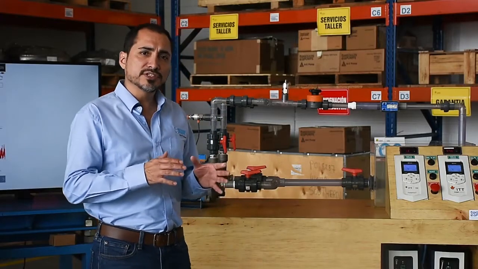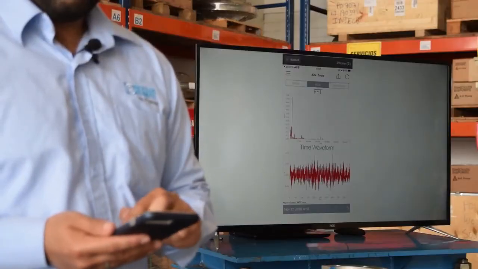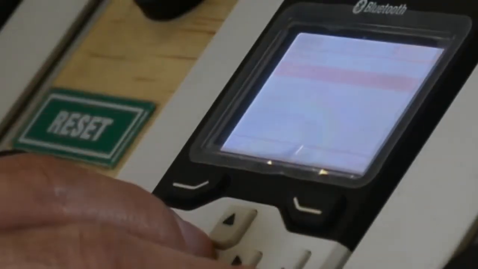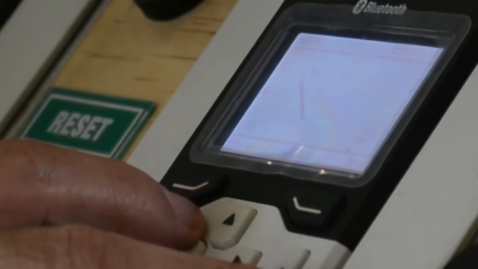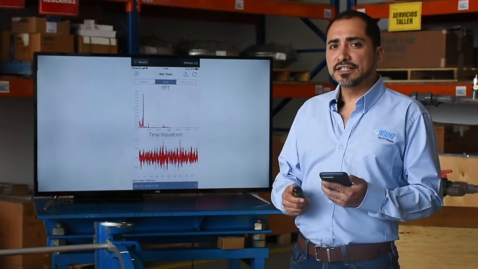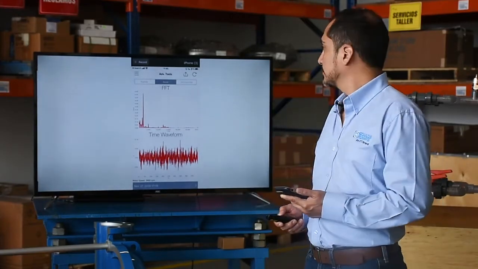We want to show the same operating condition close to the BEP, which we saw at the beginning, but this time at 2460 RPM. Jesus asked for an FFT, and let's see what we get now with the aid from the ALERT platform.